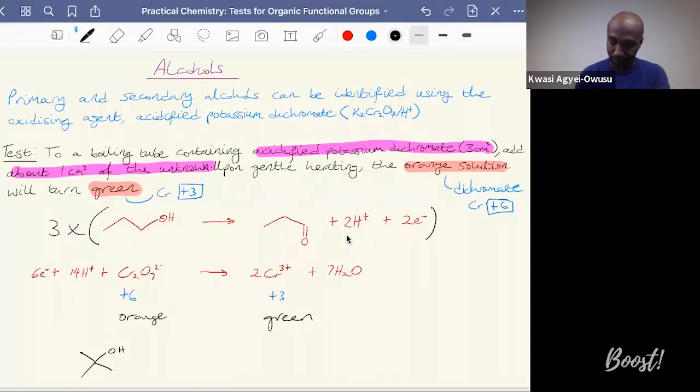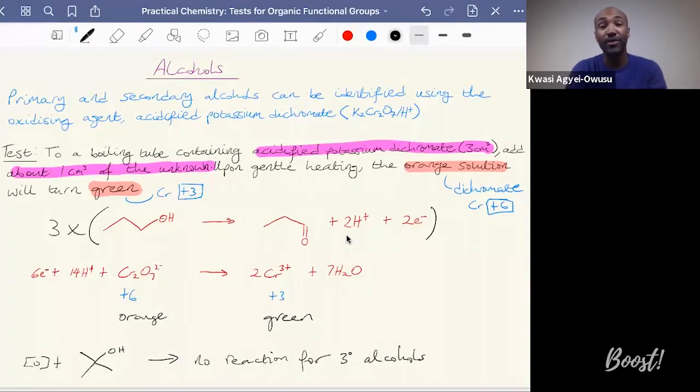So, no reaction. There's no reaction with tertiary alcohols, and that's because the carbon to which the OH group is attached does not have any hydrogens bonded to it. So typically, we're talking about primary and secondary alcohols being able to be oxidized.